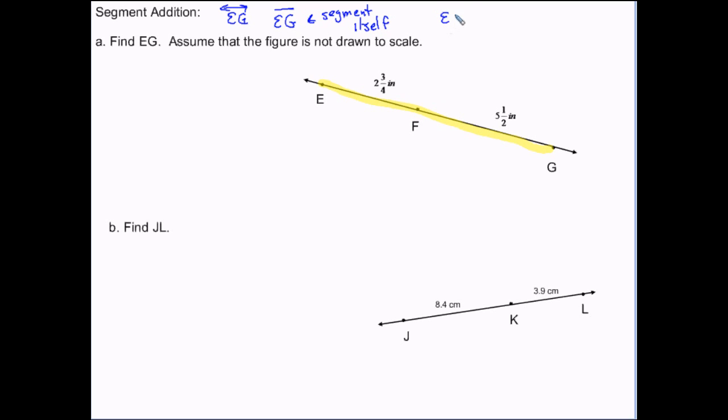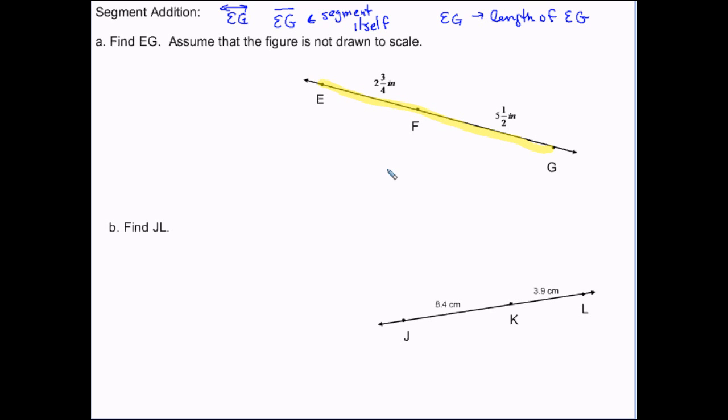If I have EG with no line above it, this is the length of EG. If it has a bar above it, we're talking about the actual physical piece, the actual line segment itself. So if this was EG, this marker, you'd be talking about the marker.